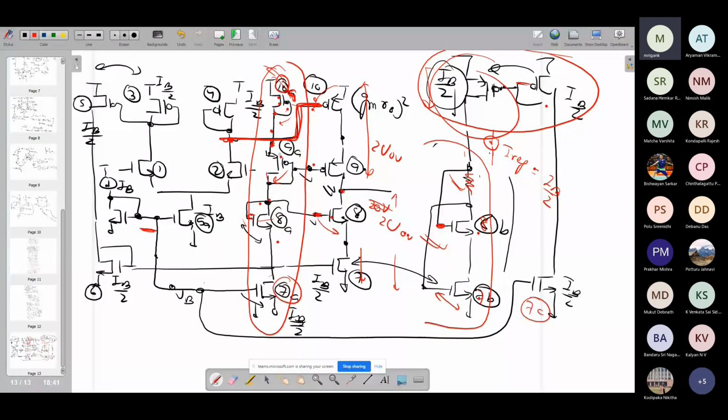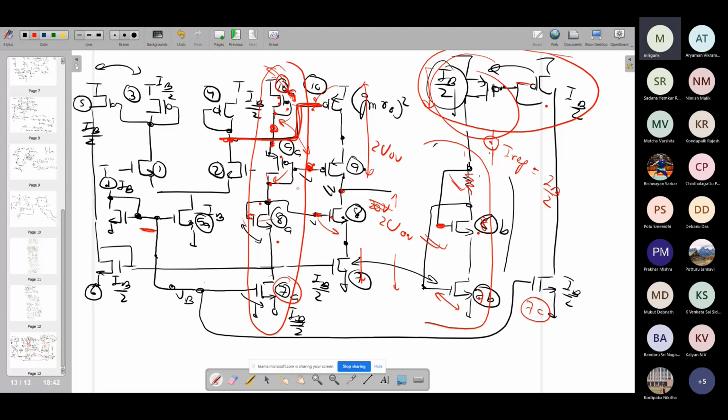Then we need to generate the gate voltage of M9. For that, again we are using M9A, which we have direct connected. It will enforce a VSG drop between the source of M9A and the gate of M9A.